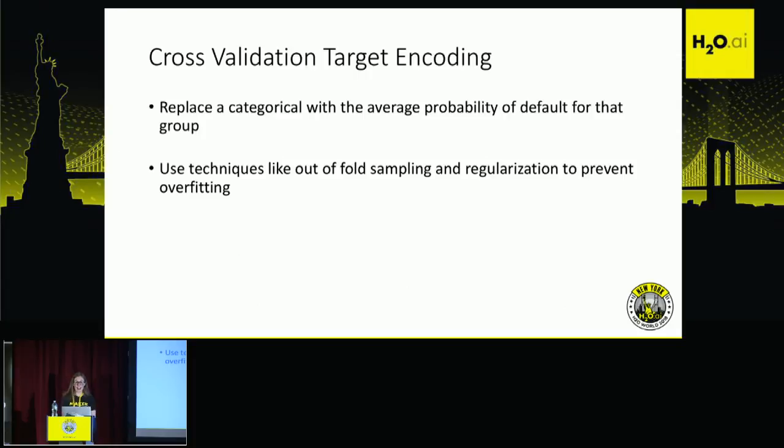Now, to calculate the average, that's actually giving us the answer a little bit, because to calculate the average, we know about the target column. So what we are doing is using techniques like out-of-fold sampling and regularization to prevent overfitting. So basically, that just means let's calculate the average on a different data set than what we're going to apply it to. Just techniques to prevent overfitting.